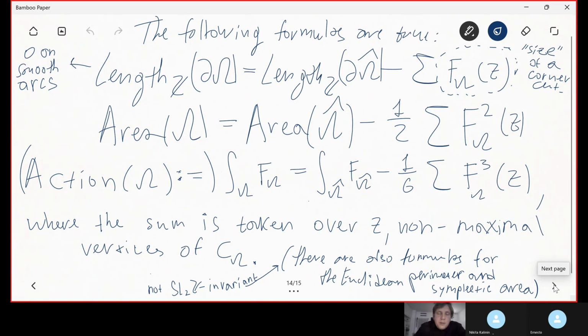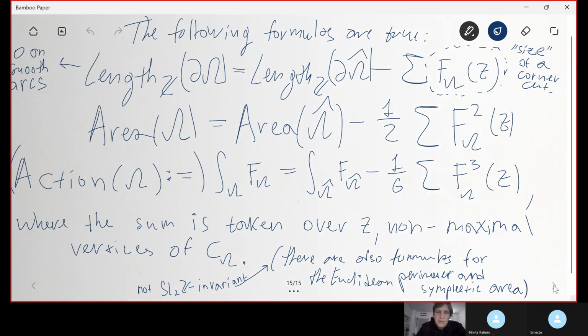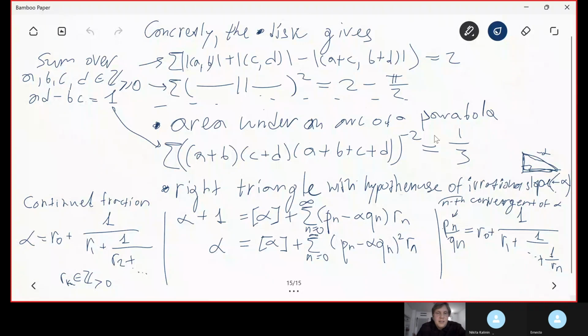So anyway, and to show you concretely what these formulas give in some particular cases. So yeah, I was in a rush preparing these slides. Sorry for handwriting, but these are the formulas for the disk. So you do these defects in the triangular inequalities for the matrices in the positive part of SL2Z.